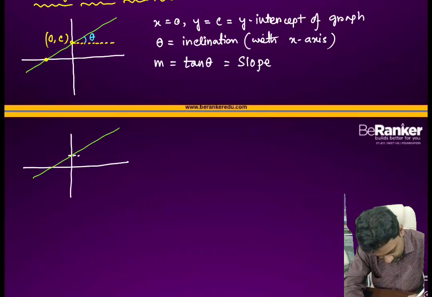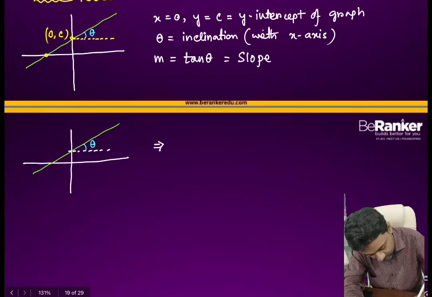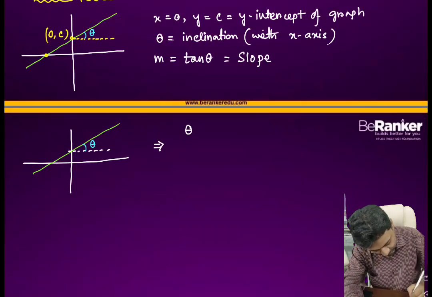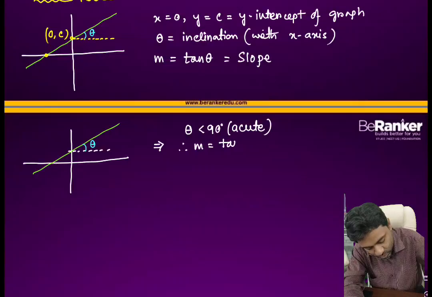The graph we just showed, I'm taking it again. This is the graph. You can see actually that in this graph, theta is less than 90 degree. That is acute angle.